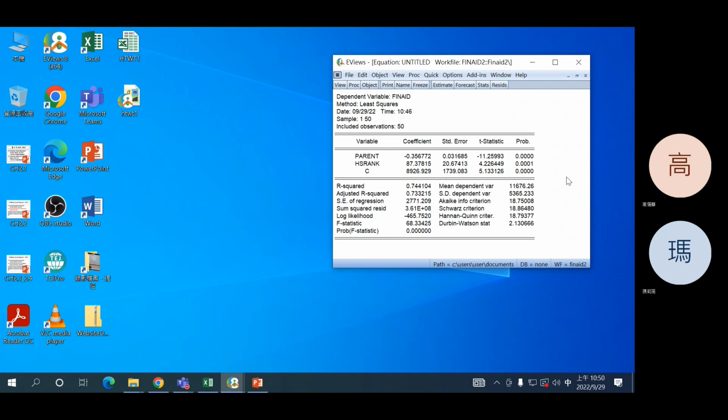Okay. Then, second one, about the high school rank. Anybody want to say something about it? Is Harry here today? You don't want to try?